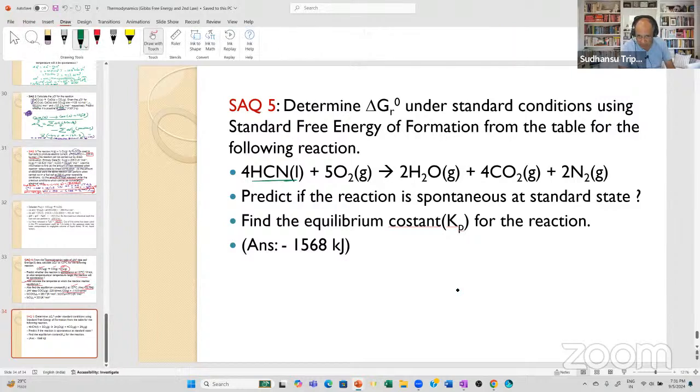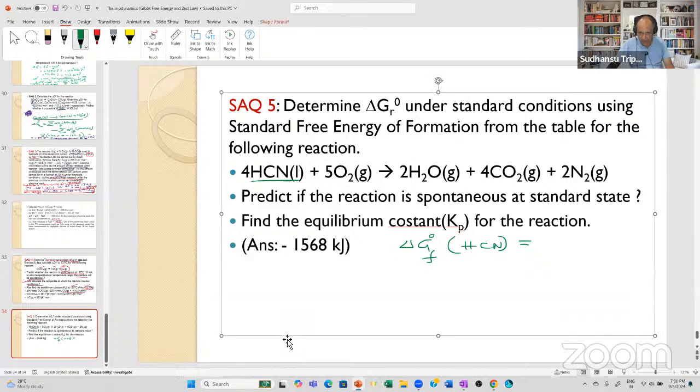So now the tables are different. What values of del G formation have you taken, and from which table?